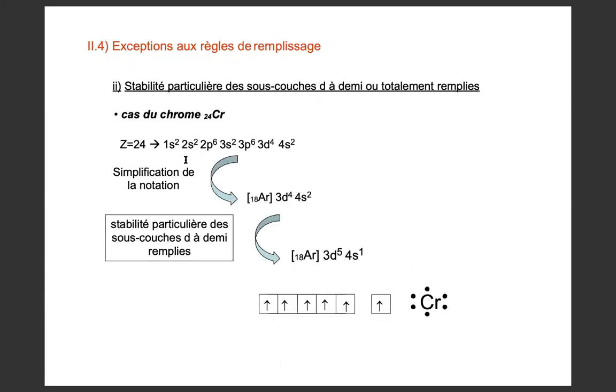Then règle de remplissage, we looked at argon configurations. We also looked at say 3D, 4S configurations, ainsi de suite.